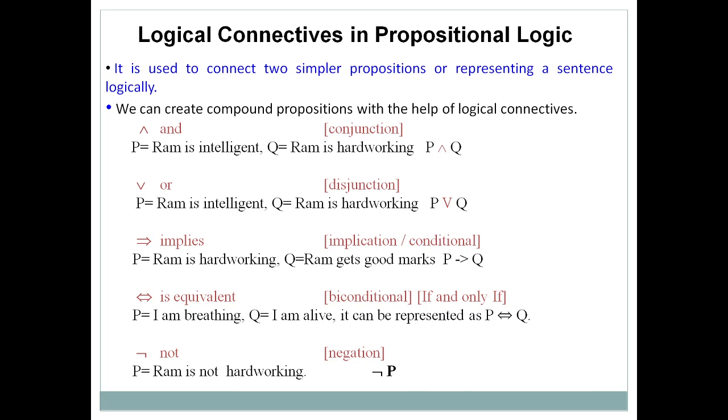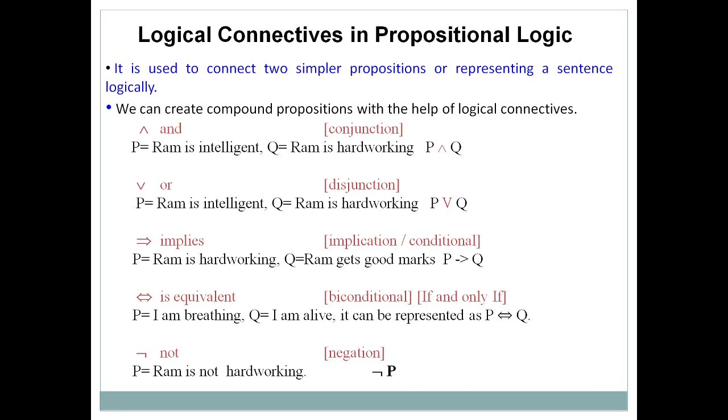Then the next connective is implication, or conditional, which is represented with the implies symbol. Again, take an example: P represents Ram is hardworking and Q represents Ram gets good marks. How do we represent it in propositional logic? P implies Q. P implies Q means if Ram is hardworking, then he gets good marks.